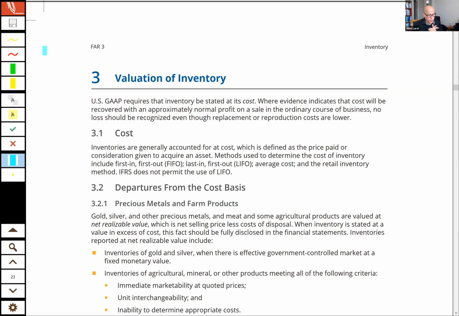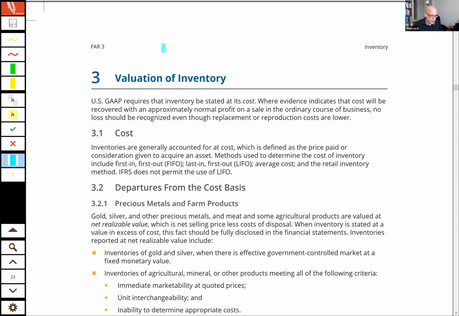Just to remember what's in chapter 3, we're looking at assets, and we had looked at current assets, right? And we are continuing on with that discussion of current assets. And this time we are going to go ahead and jump into inventory.